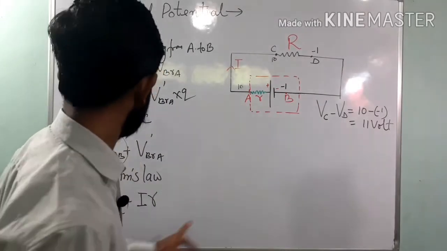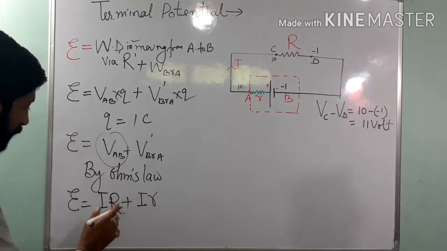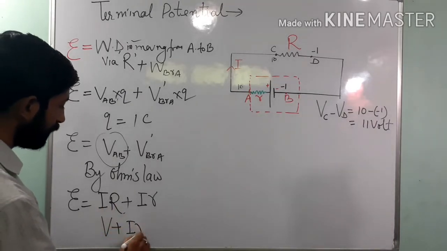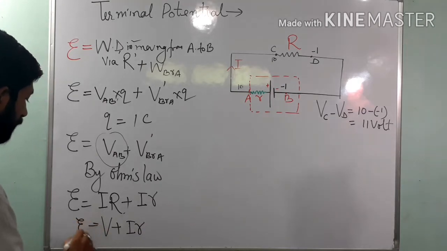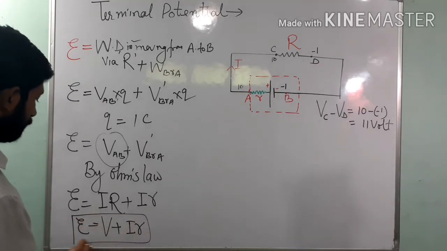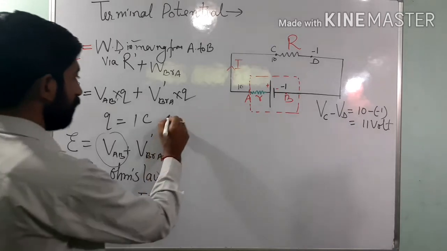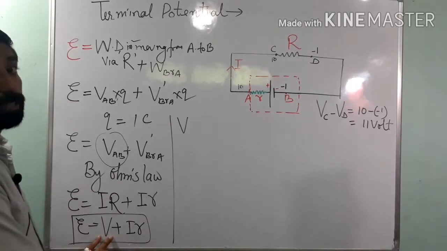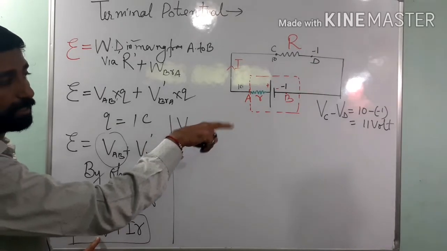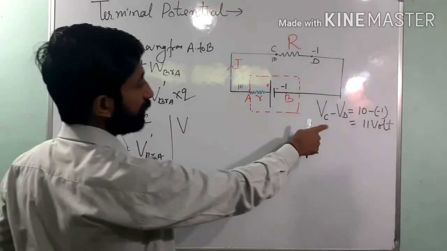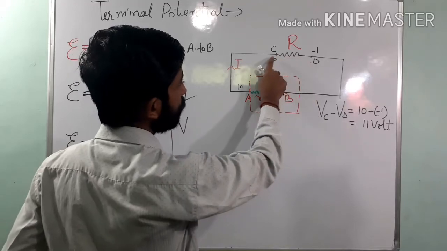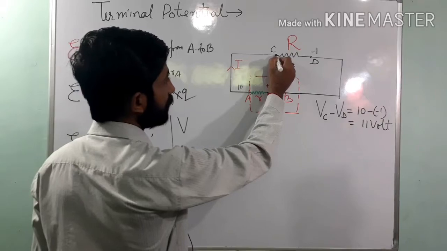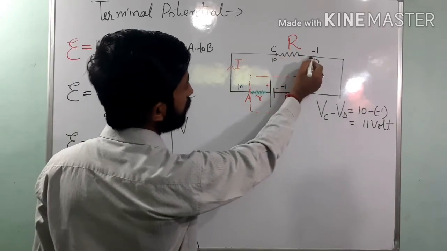So V is equal to IR, and again I am writing V plus I into r, and that is your EMF. This is one relation. So this V is what? The terminal potential, which we have just found, that is 11 volt, or the potential across the two ends of the conductor. That is the potential difference between this end and this end.